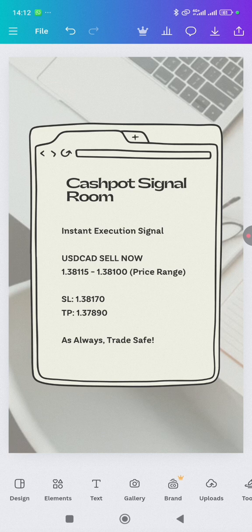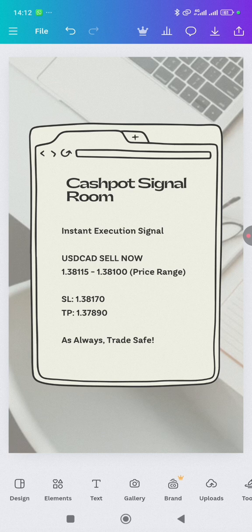Because sometimes you may be busy and you did not see the signal on time, and by the time you are getting into the market, you see that the price has even gone below the sell price. You may want to enter the trade by then, or you may want to just keep that trade, depending on what you think and your risk level.